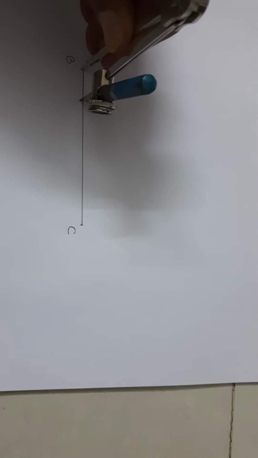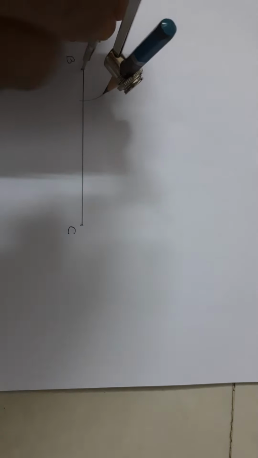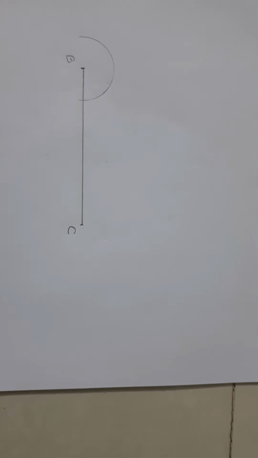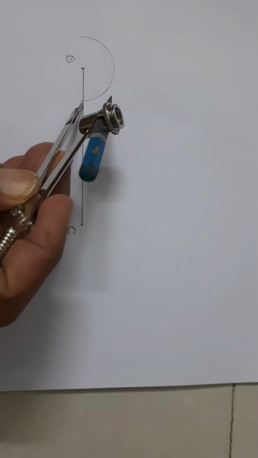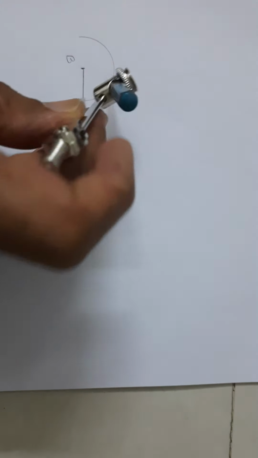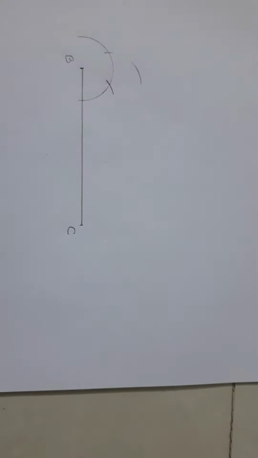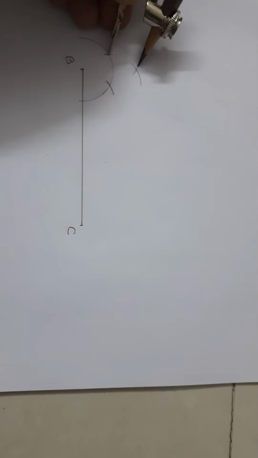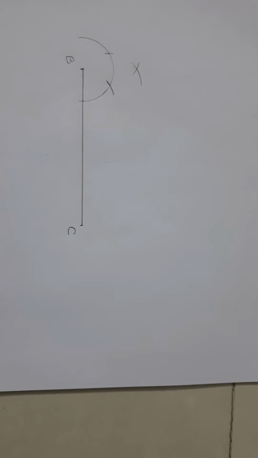With any radius, I am making a semicircular arc. Then I make an angle of 60, then an angle of 120, then I bisect this particular angle, and then I draw.